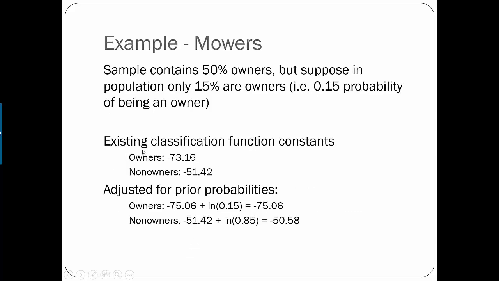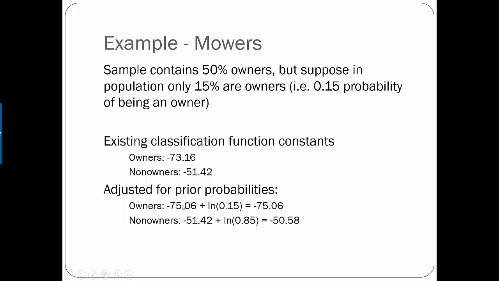So for example, in the example that we did, suppose the discriminant function for owners is minus 73.16 and for non-owners is minus 51.42. Suppose that, and the prior probabilities are 15% owners and 85% non-owners.